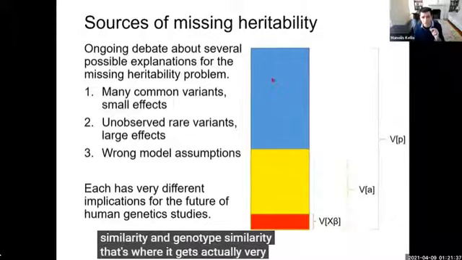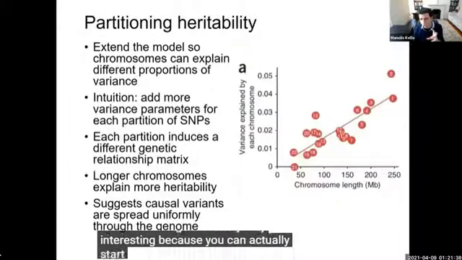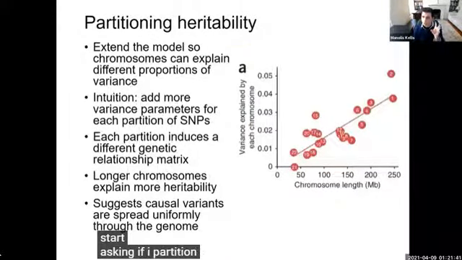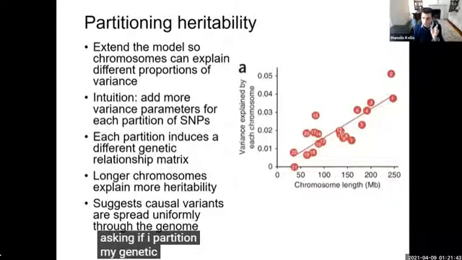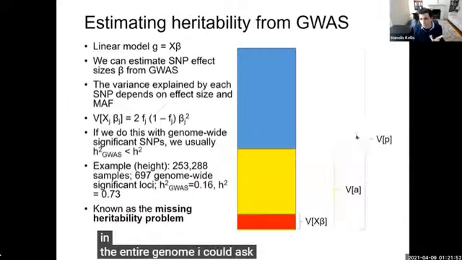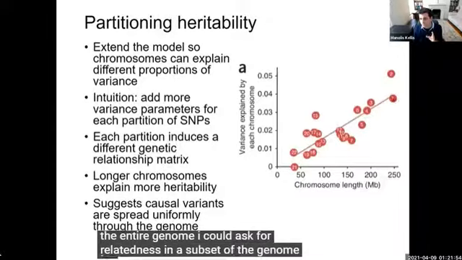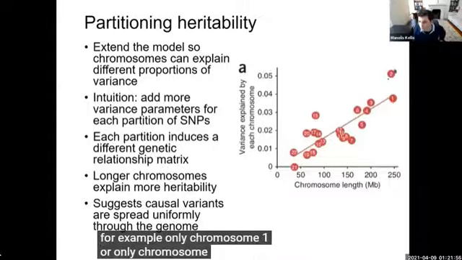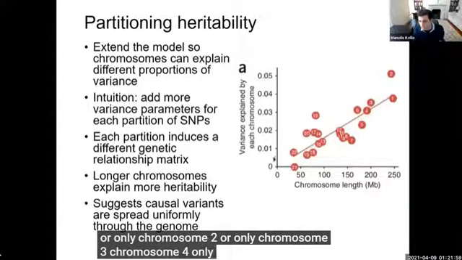That's where it gets actually very interesting, because you can actually start asking, if I partition my genetic relatedness into subsets of the genome, instead of asking about this relatedness in the entire genome, I could ask for relatedness in a subset of the genome. For example, only chromosome 1, or only chromosome 2, or only chromosome 3, chromosome 4 only, and so on and so forth.